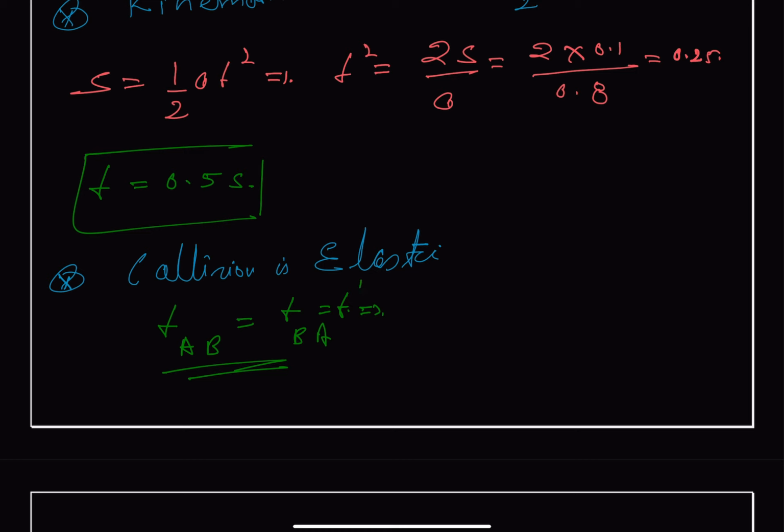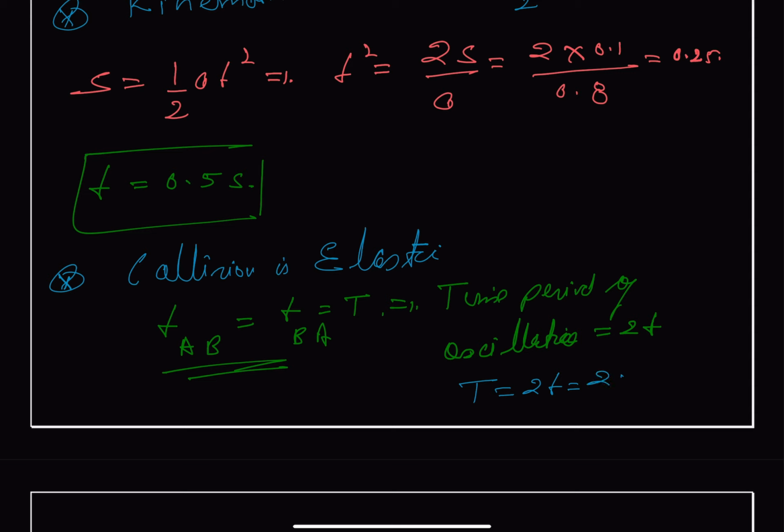Let us call the time period of oscillation capital T. So capital T is equal to 2t, which is 2 multiplied by 0.5, giving us 1 second. Therefore option number B is correct.